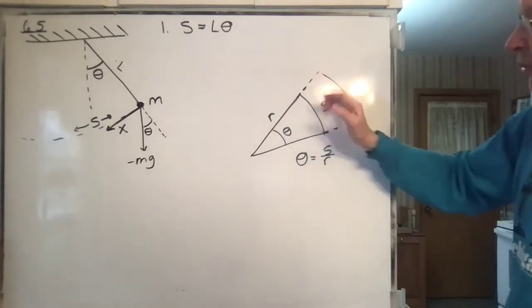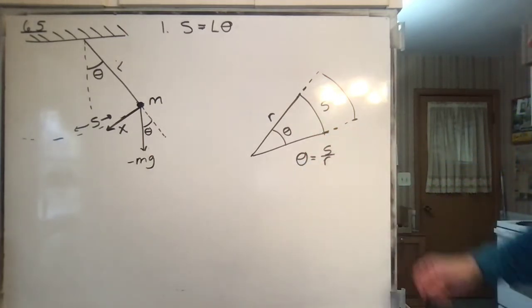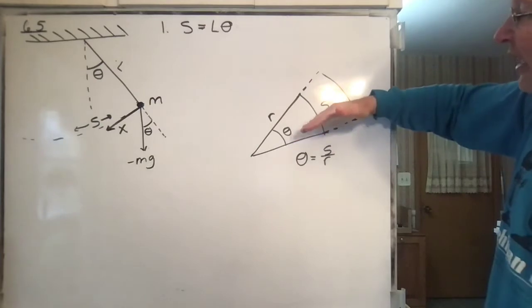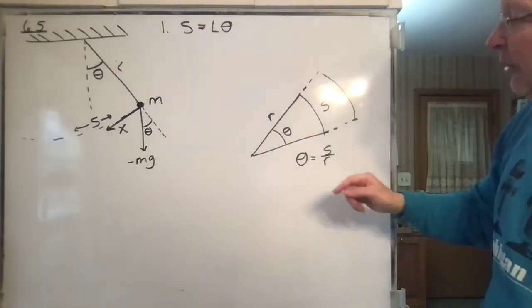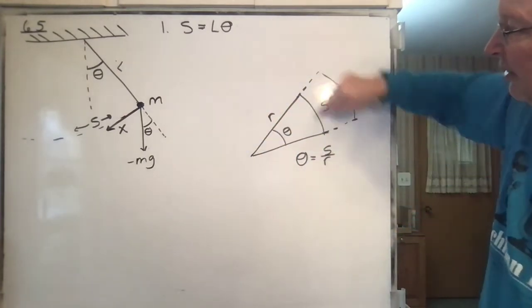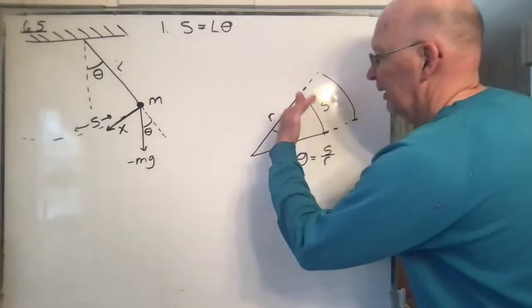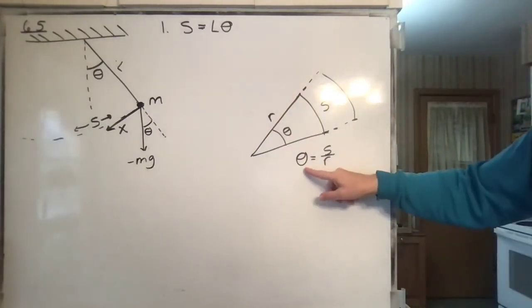It can be larger, smaller, but the value of theta is always going to be that same ratio. Also notice that if R stayed the same, but if S were twice as big, then the theta would be twice as big, which is what you'd want, right? You want the angle to increase as you make this arc bigger. Okay? So anyway, that's the definition of theta.